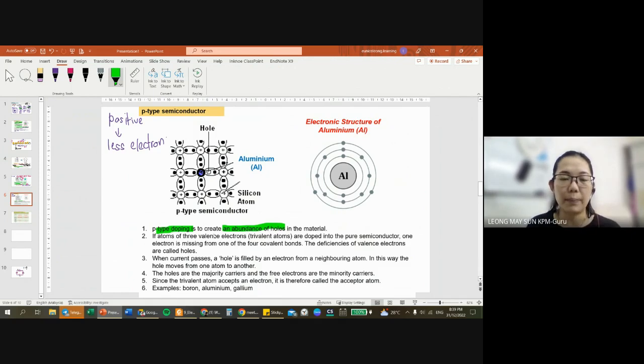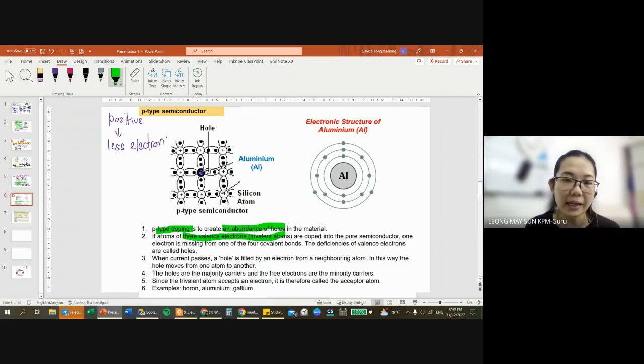So how do we create an abundance of holes? Silicon has 4 valence electrons again. We add a trivalent atom, with 3 valence electrons, into the pure semiconductor. Silicon needs 4 electrons to form the covalent bonds stably.